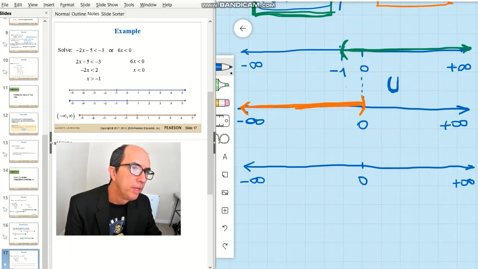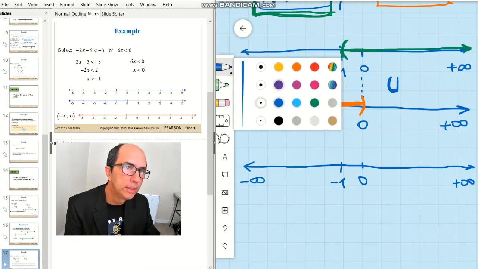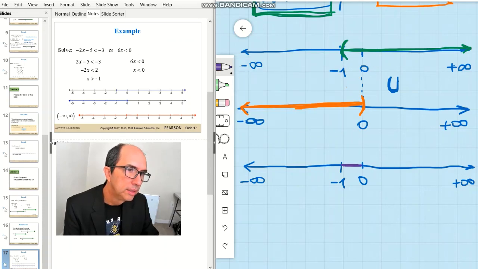Does everything between negative 1 and 0 get included in one of the sets? Yes, actually it's included in both sets. Let's represent in purple. So this, yes, is part of the union set.